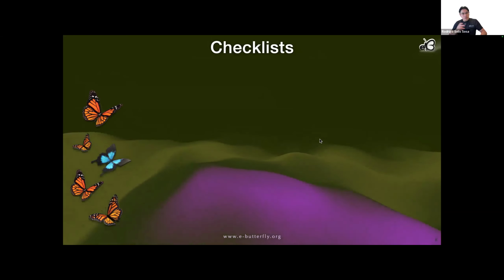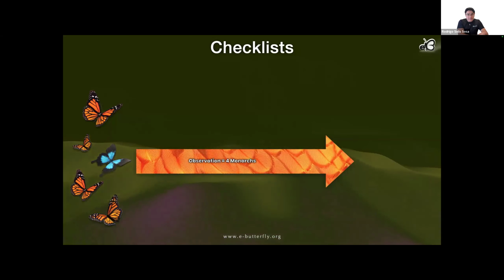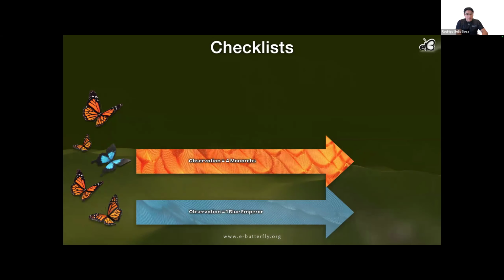What is the difference? Let's assume that we submit it to, let's say, iNaturalist. And how do you submit it? Basically like this. I saw 4 monarchs, and I saw 1 blue emperor. That's it. Job's done. I already did my good deed of the day. That could be the first approach.